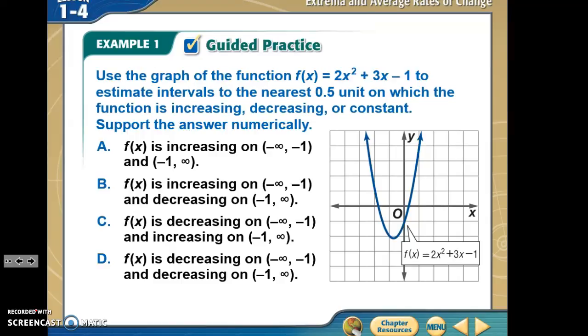All right, so take a second to look at this. In this one, as we're looking at the graph, which one of these A, B, C, or D supports what's going on here? I think it's supposed to be a negative one.